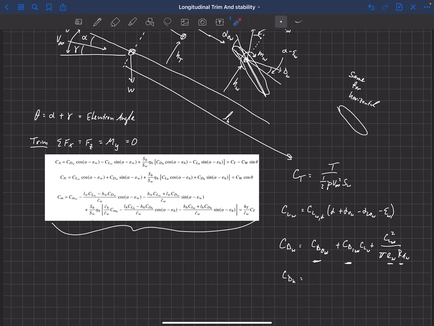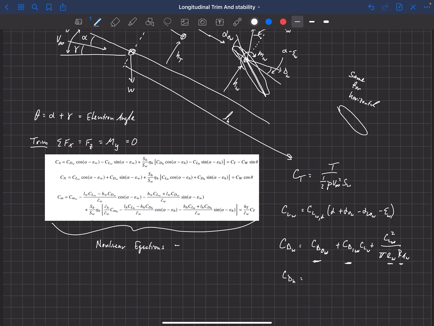We'll have the same thing in the drag on the horizontal, and so anyway, this is very nonlinear, and so in general, in order to trim this aircraft, we have to use an iterative method or a nonlinear solver.